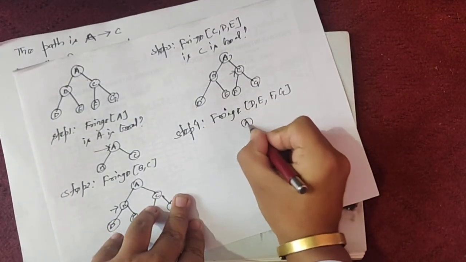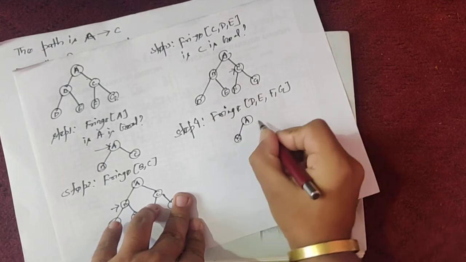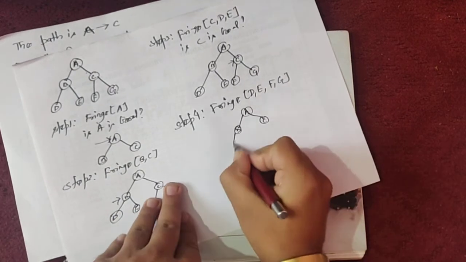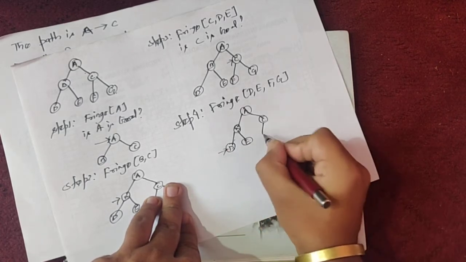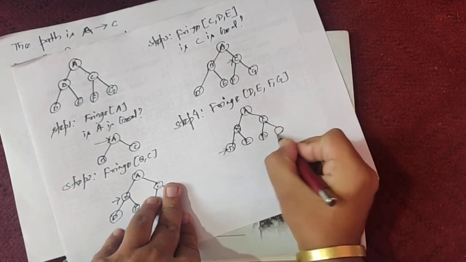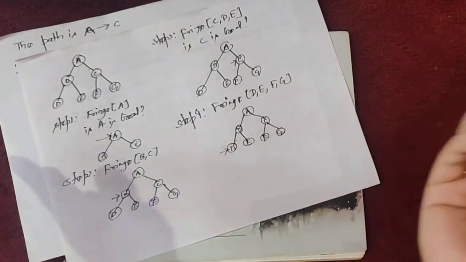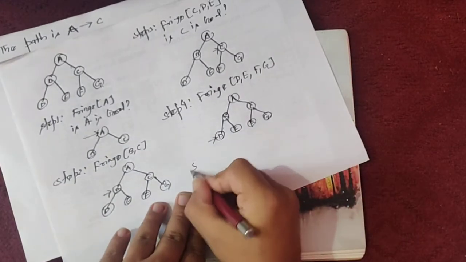Let us write A, B, C, D, E, F, and G. D is not a goal node, so again we move to step 5.